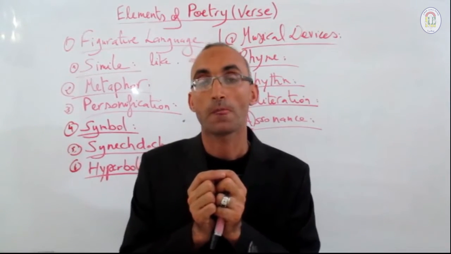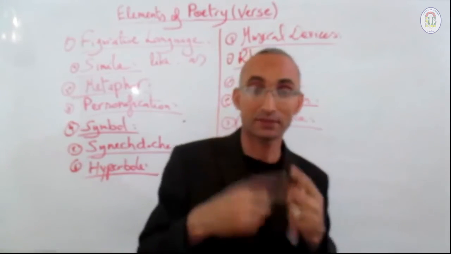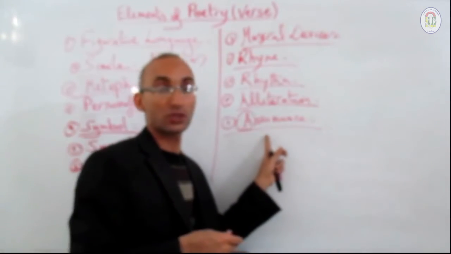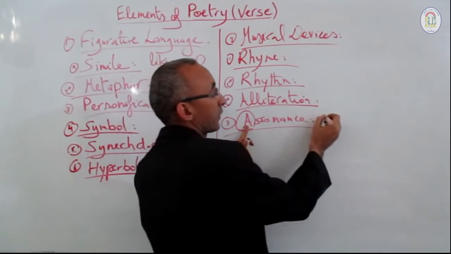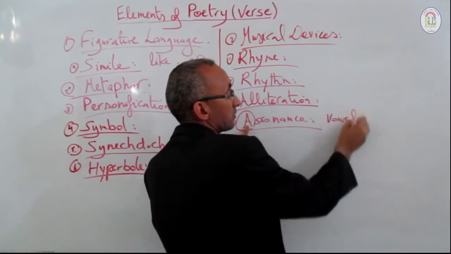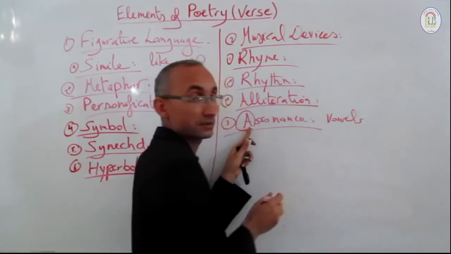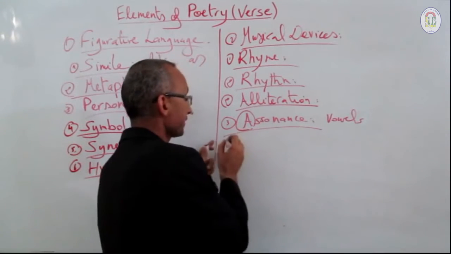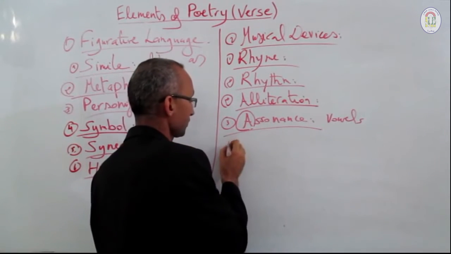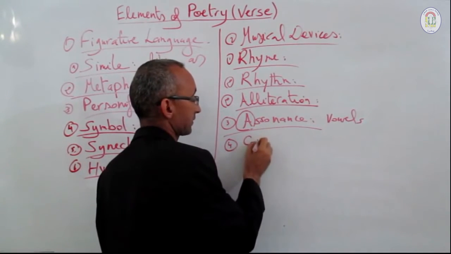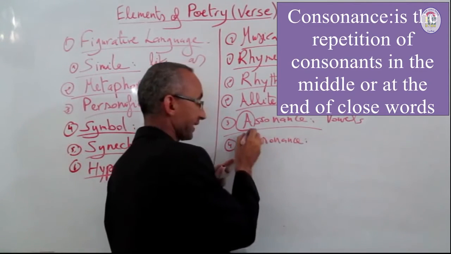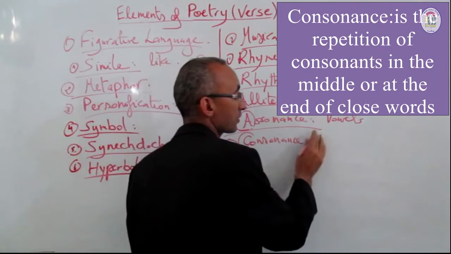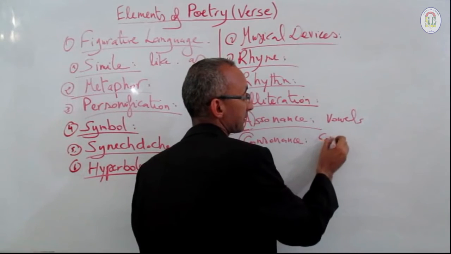Assonance is concerned with vowel sounds. A is a vowel, so we write here vowel, in close words. And we have the next one, which is consonance. Here it starts with C, so it concerns consonants.